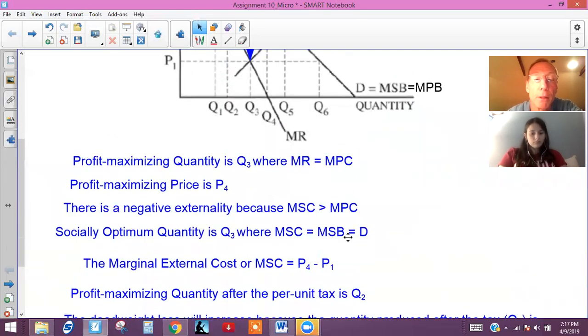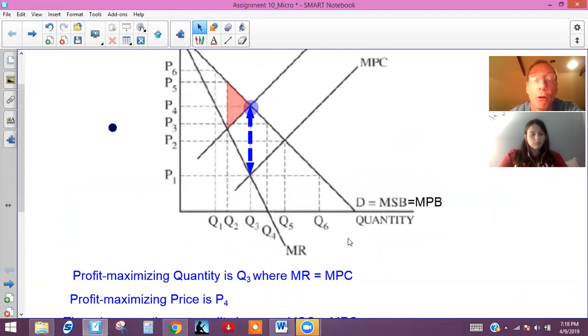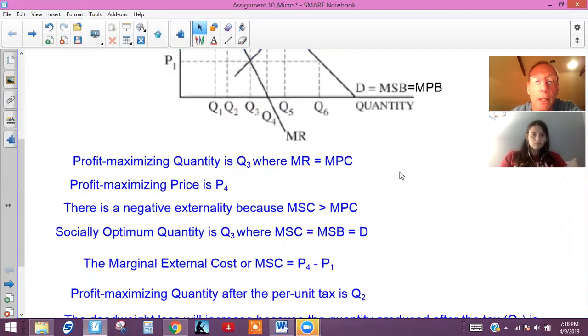And then the profit maximizing quantity after the per unit tax is going to be Q2, because we move up to where now with the tax, we're looking at a... let me jump back here.